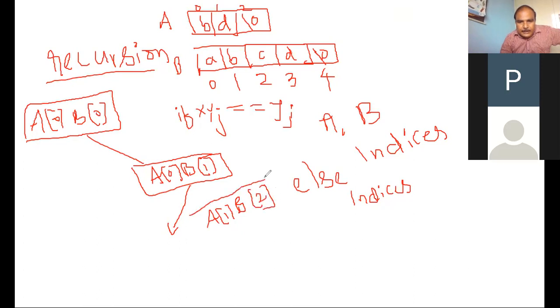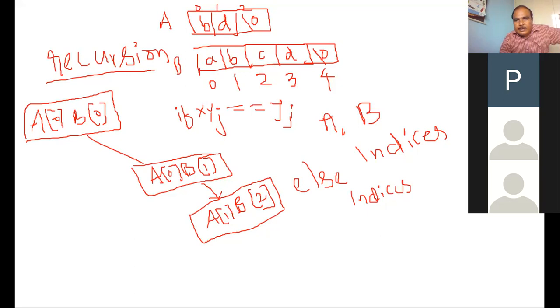A of 1 is D and B of 2 is C. Is it equal? No. If it is not equal, then only the index of B has to be incremented.